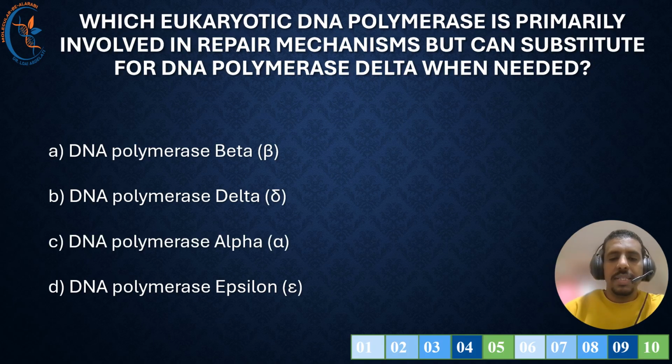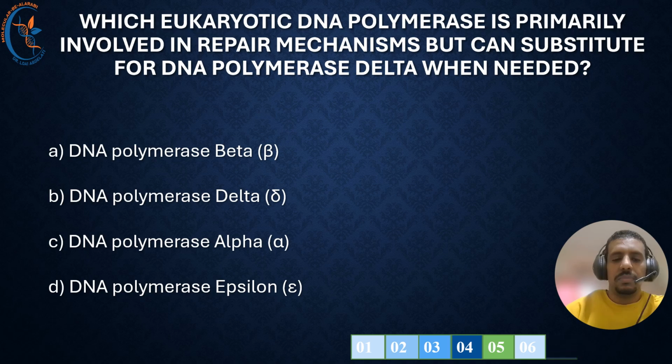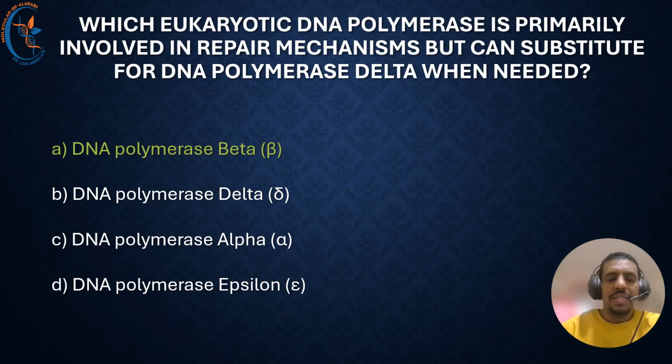Which eukaryotic DNA polymerase is primarily involved in repair mechanisms but can substitute for DNA polymerase delta when needed? The correct answer is DNA polymerase beta. DNA polymerase beta is a eukaryotic polymerase primarily involved in base excision repair.